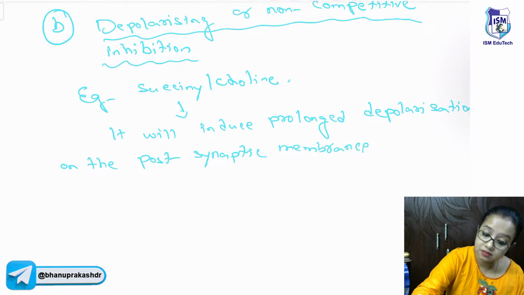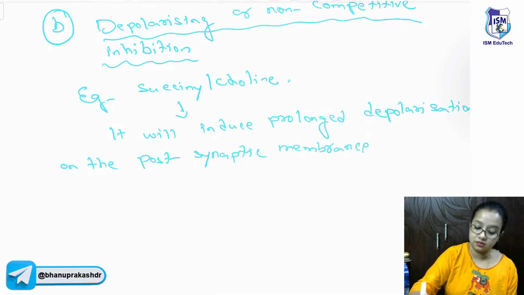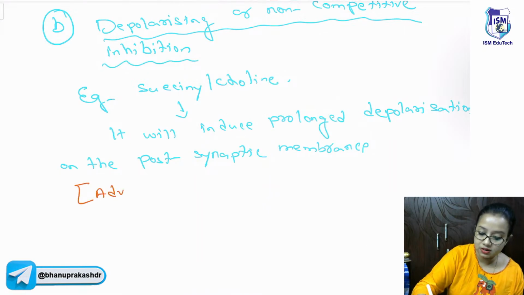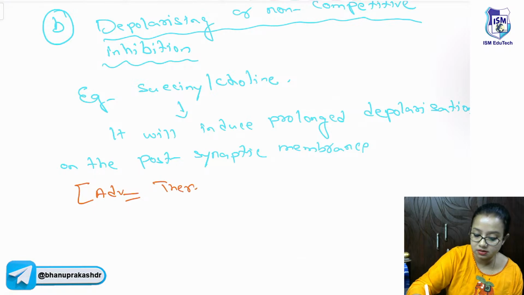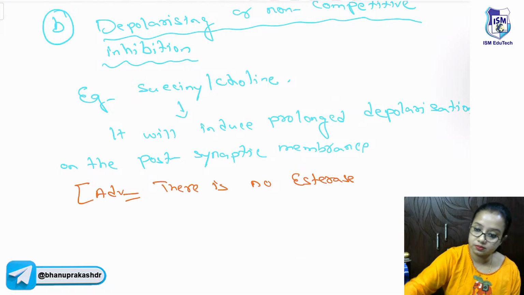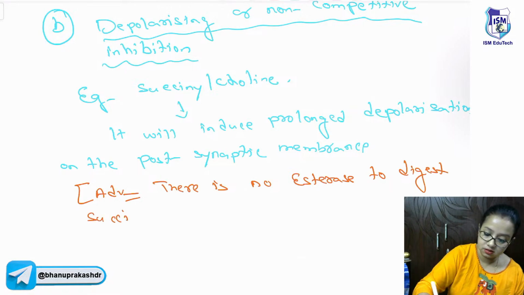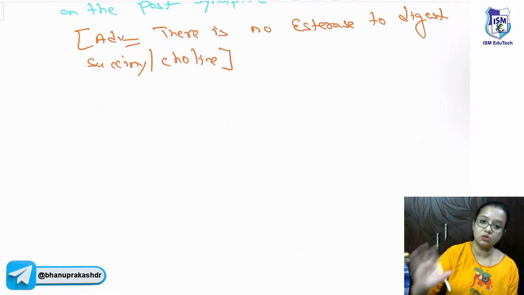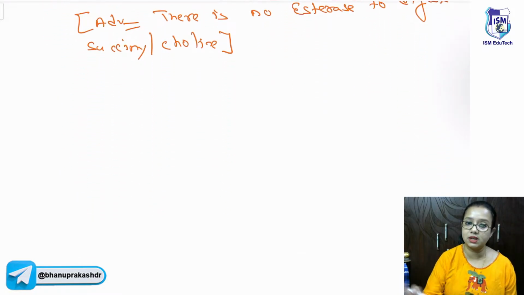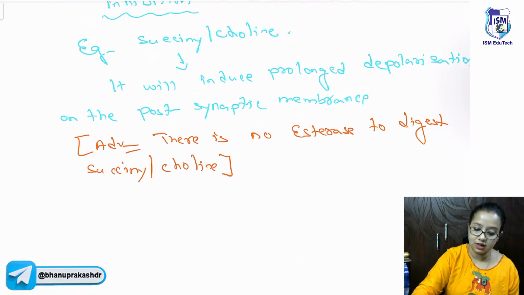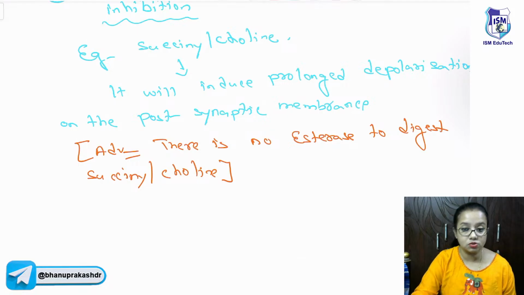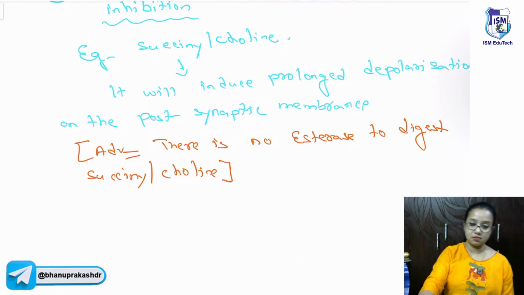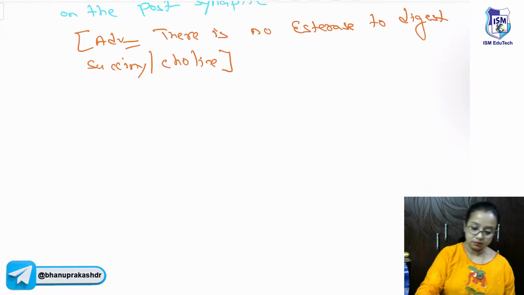The advantage here is that there is no esterase to digest succinylcholine. Its effect just wears off after 5 to 10 minutes. Okay, these are the two types by which the neuromuscular junction is targeted. One is by the non-depolarizing method, another is the depolarizing method.